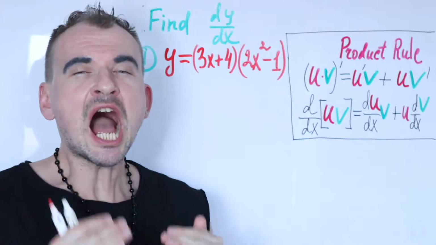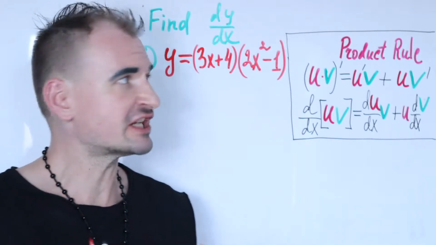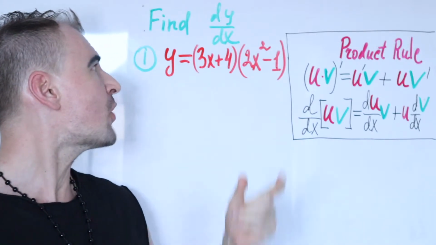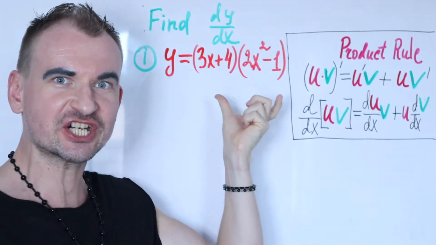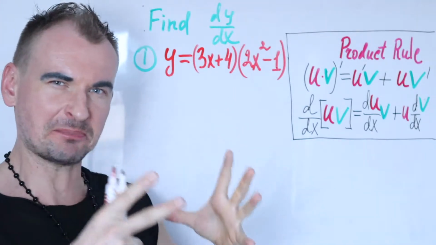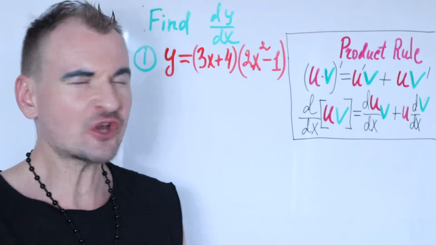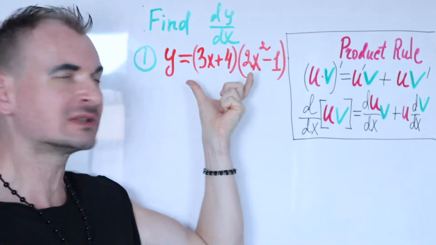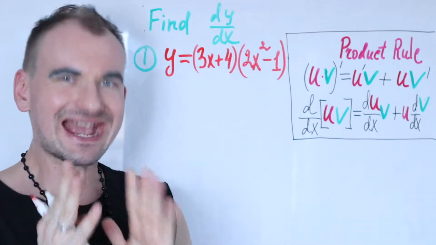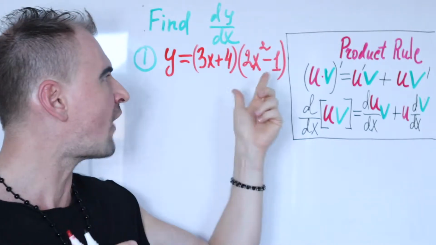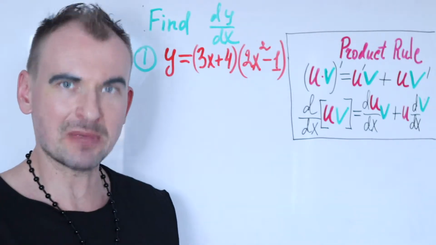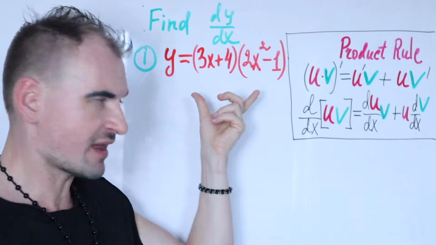Hey guys, how to take a derivative if you are given two functions being multiplied together. So you are given a product of two expressions, two functions being multiplied together.